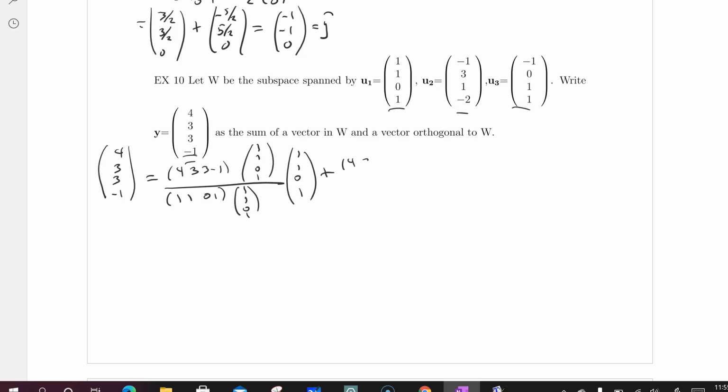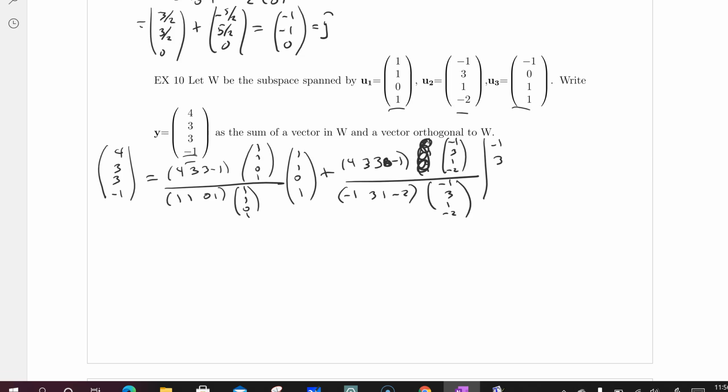Then I take y, oops, I can't erase on this thing now, dotted with u2, -1, 3, 1, -2, over u2 dotted with itself, -1, 3, 1, -2, times the vector u2, plus.